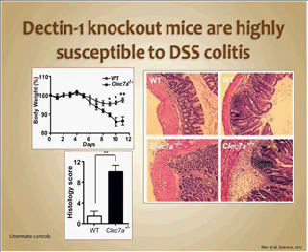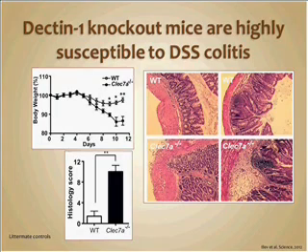Okay? Wild-type mice treated with DSS for a few days and then left to recover generally lose a little weight, experience a little intestinal inflammation, and ultimately recover over the course of this experiment, whereas Dectin knockout mice experienced significantly more severe disease.